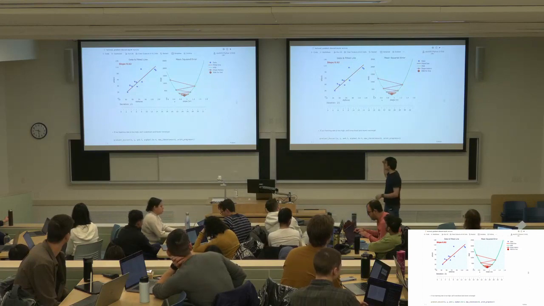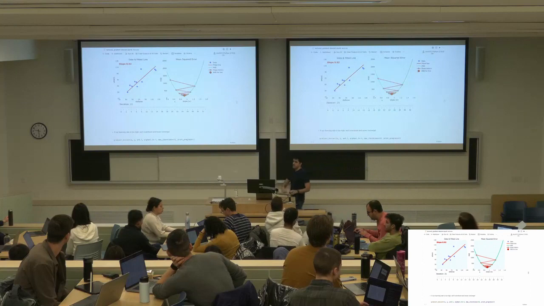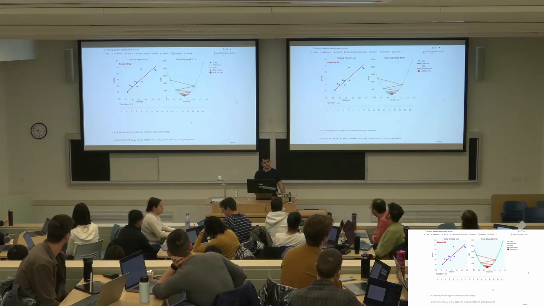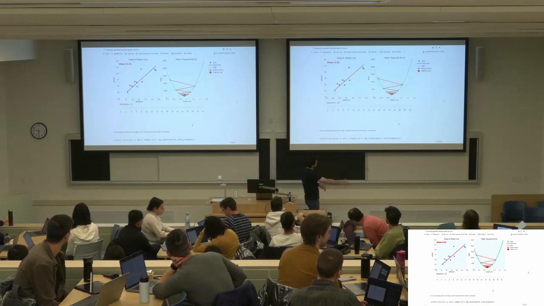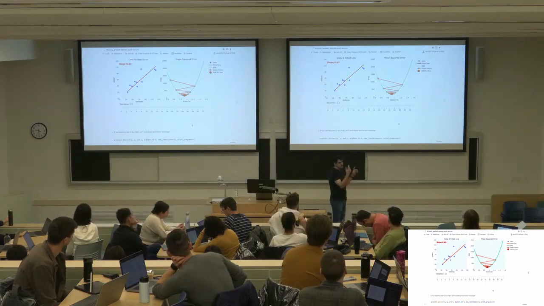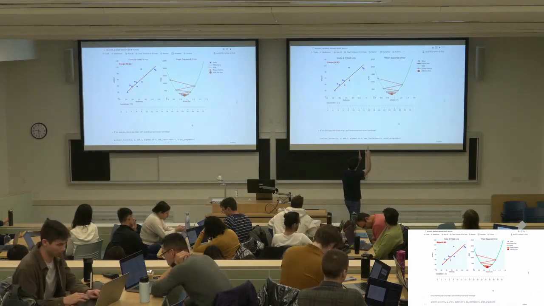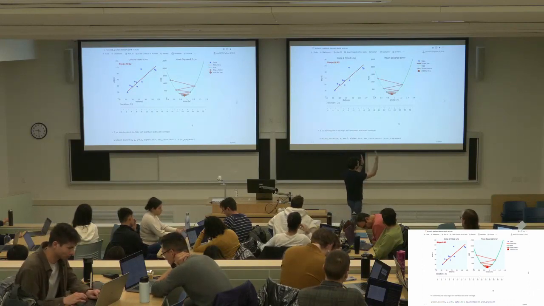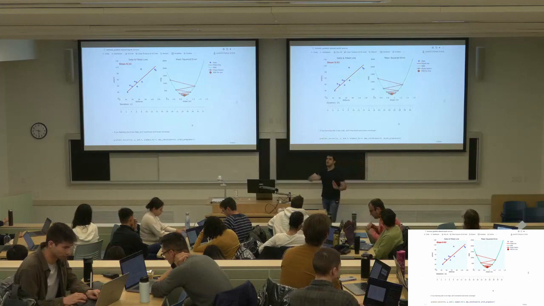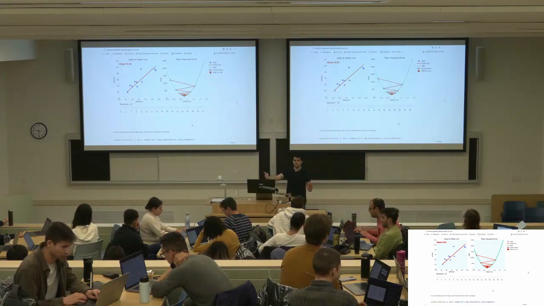Why that happens: imagine the tangent line here, that's the gradient. If I take a very large value of alpha, then the step size is too large, and when I update the value of w, it increases the value of w beyond the minimum point. That's why we jump over the valley.